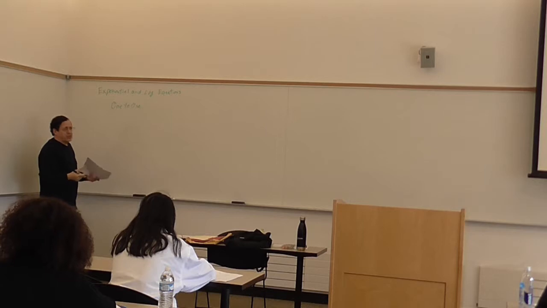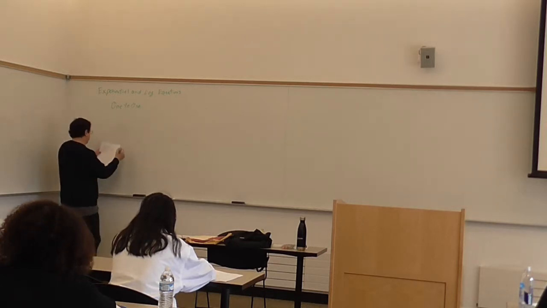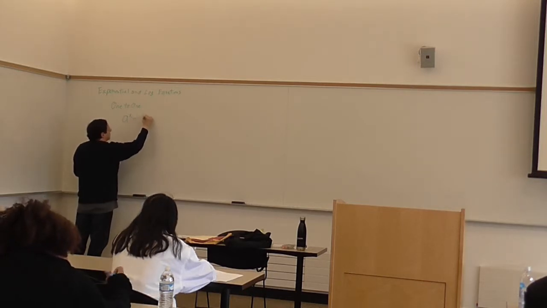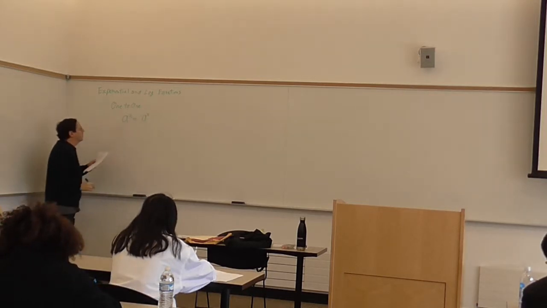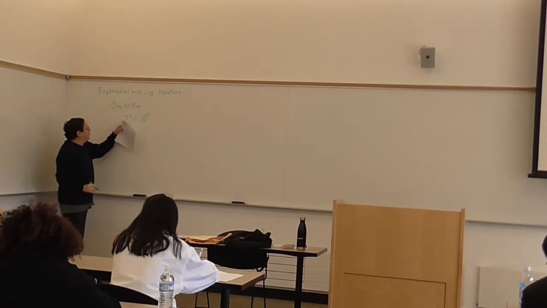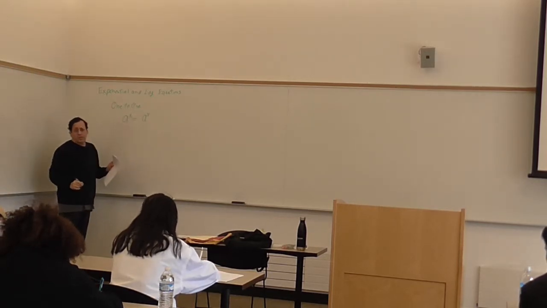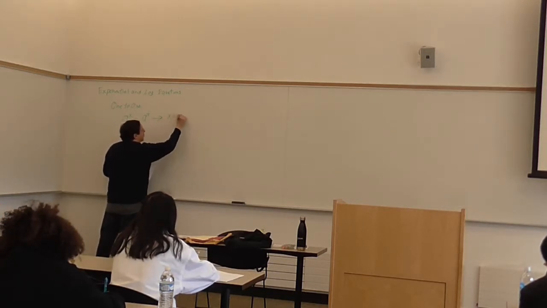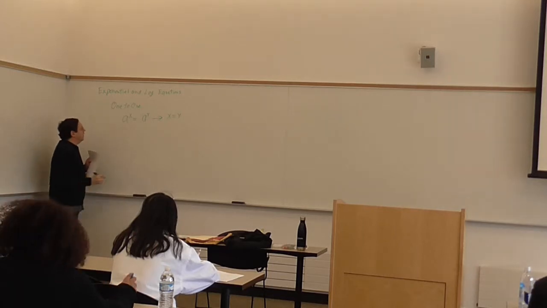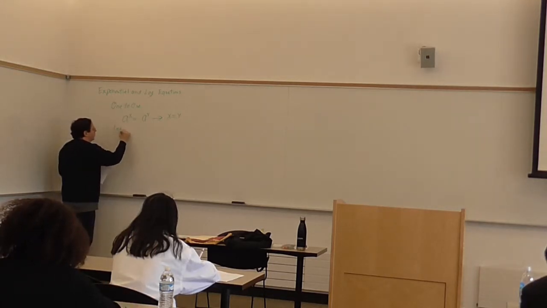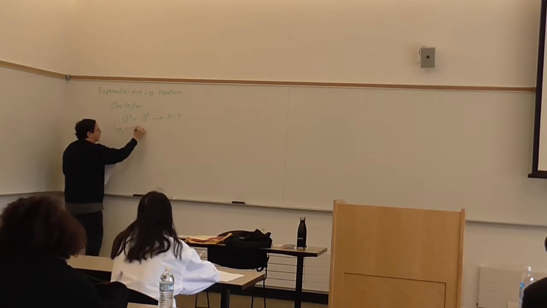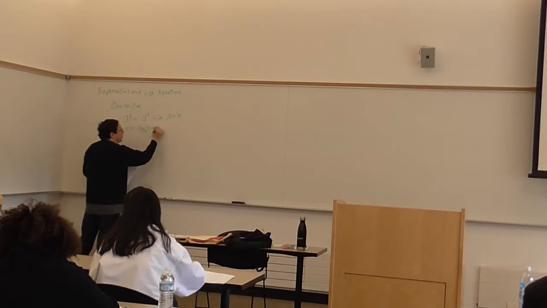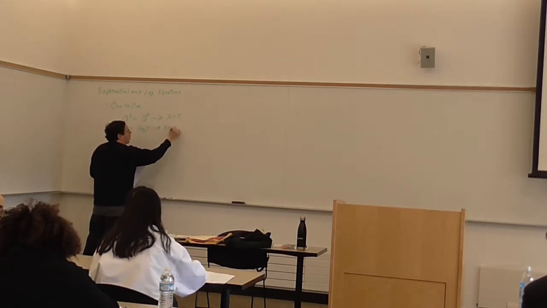And in context, what that means is if you have an expression like a to the x equals a to the y, because raising to the power of a is a 1-to-1 function, we know from this immediately that x equals y. And similarly, if you have log to the base b of x equals log to the base b of y, this is also a 1-to-1 function, so this also implies x equals y.